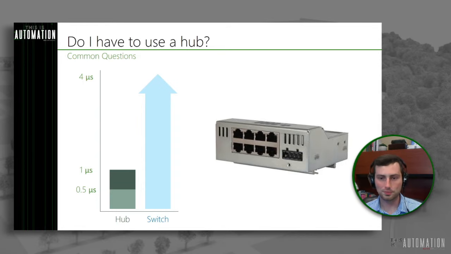So for those of you that aren't very familiar with the difference between a hub and a switch, it's pretty similar. They use different layers of the OSI model, which maybe we could talk about in another episode. But basically a hub is a more simple device. It takes packets in and shoots them right back out.